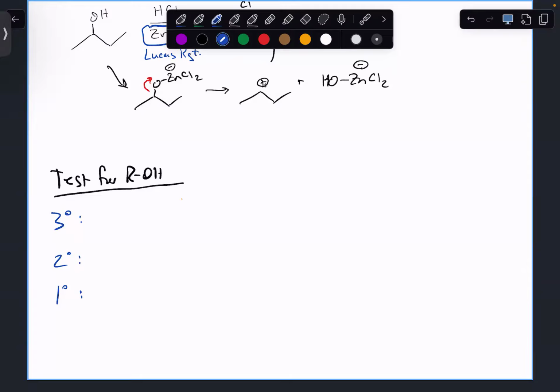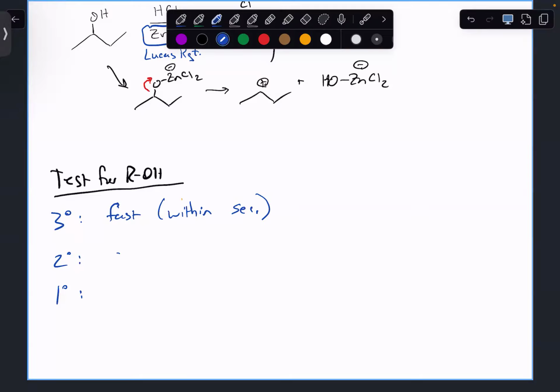And because this is going through SN1 chemistry, this happens very, very fast. Within seconds for tertiary. So you add a little bit of the Lucas reagent to each one, shake it, and within seconds, if you see 2 layers, you know it's a tertiary alcohol.